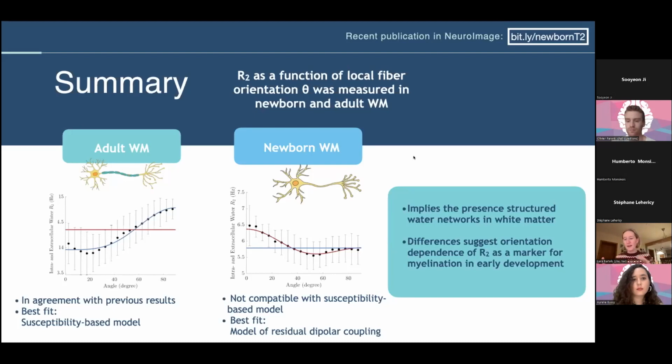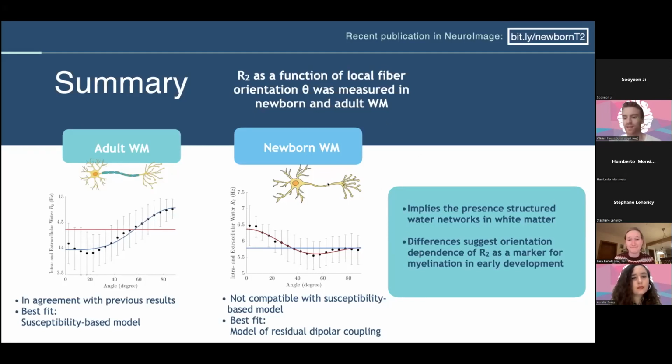And for the collagen filaments, a lot of research went into figuring out exactly how they facilitate this alignment of water molecules, and they required quite distinct free charges that were arranged in the right way. So it might be that chemical changes during development affect this ability to facilitate structure in water. But I personally think there is a good chance that this is also present in adults, and it is just overshadowed by the susceptibility-based effects.